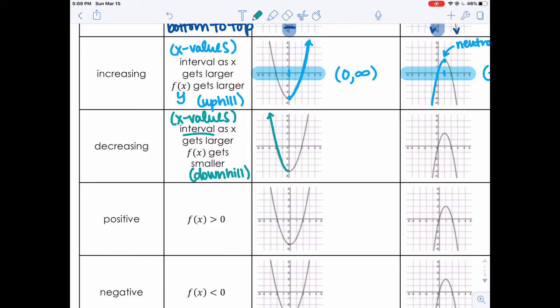So we're again looking from left to right. But this time, my left interval, or that left-hand side of my parabola, is the decreasing portion. So this time I'm starting back at negative infinity and stopping decreasing at 0. Remember, the 0 is neutral.